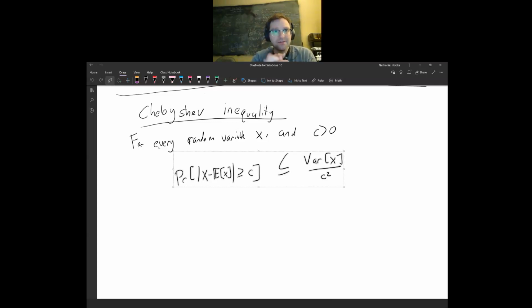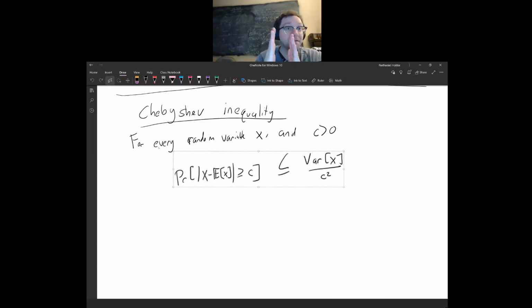Again, tight here means both Markov and Chebyshev are true, always. But if the real probability is 0, saying that it's less than a half is true, but saying that it's less than 1 over 20 is more true. It's better.